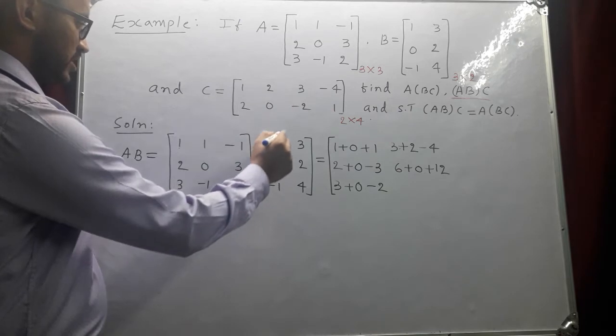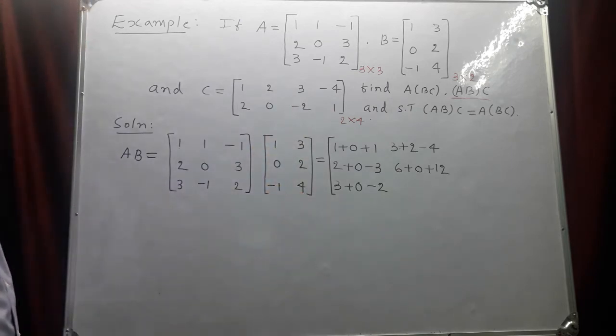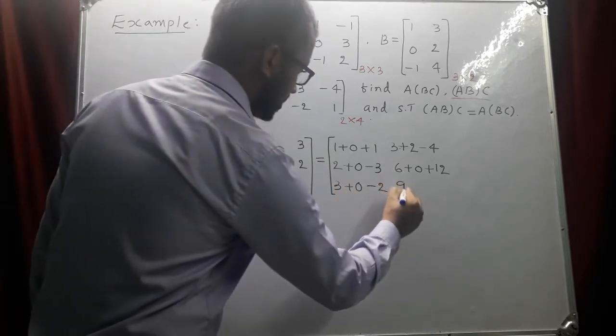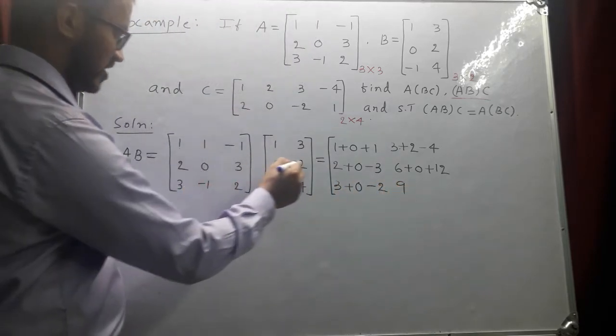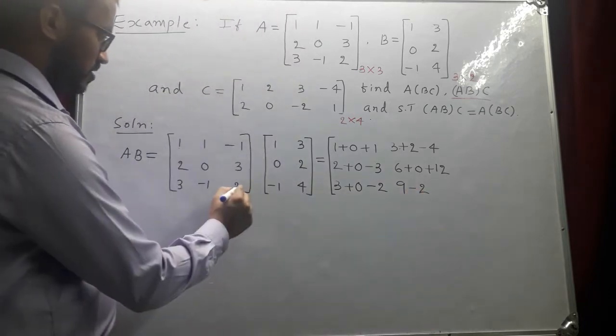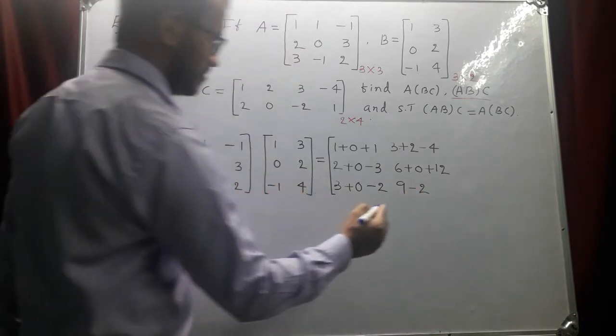Again, third row, second column: 3 into 3, 9, minus 1 into 2, minus 2, 2 into 4, that is 8.